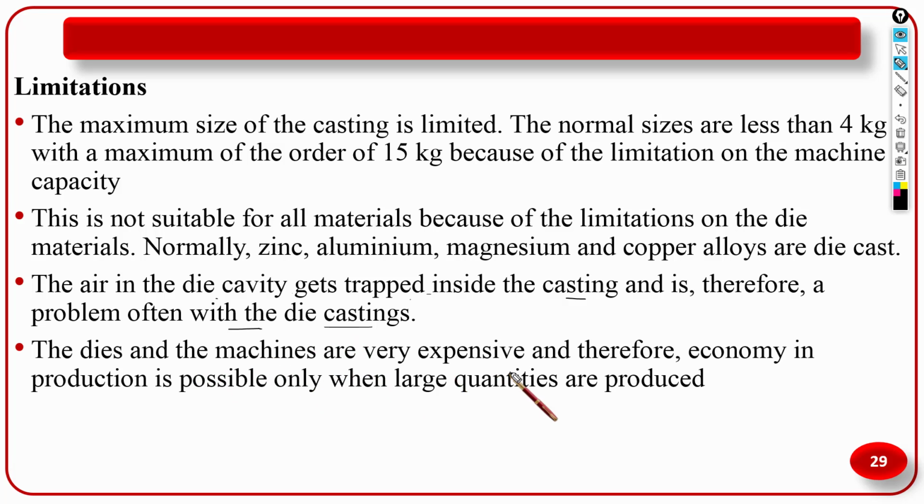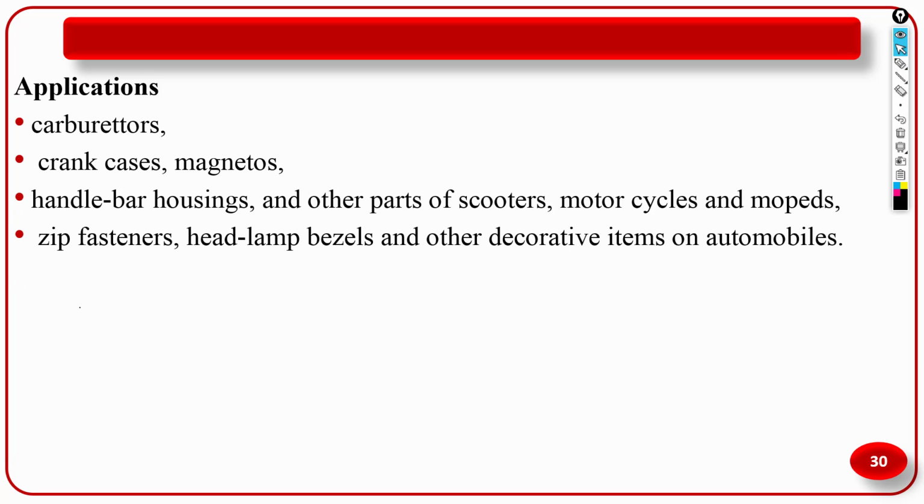The dies and machines are very expensive, and economy is possible only when large quantities are produced. So this is the reason that air is trapped inside the cavity, and that's why we have to take out that air. So that's why the next method was developed. Applications are carburetors, crankcases, very small pieces.